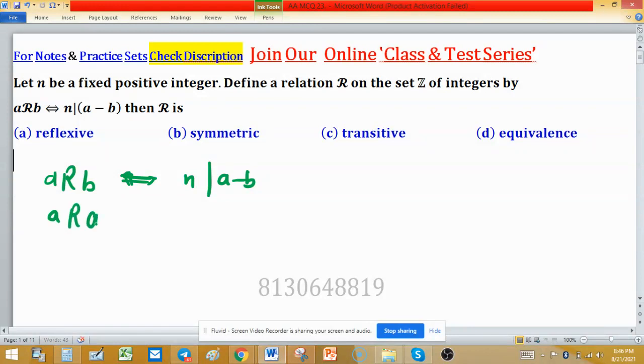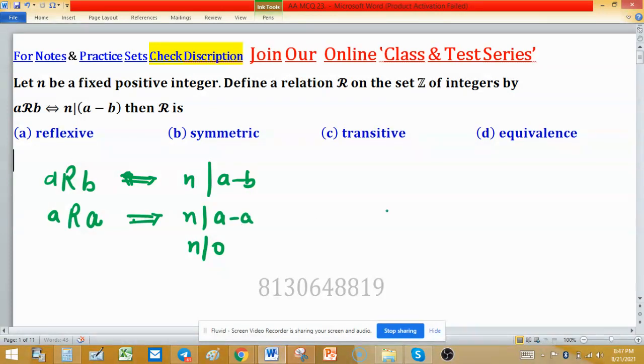So a is related to itself when n divides a minus a, and we know that 0 is divisible by any integer other than 0.